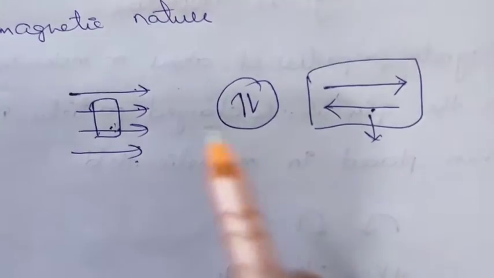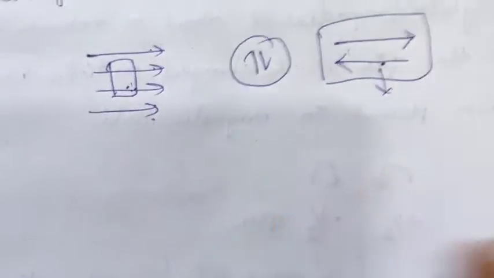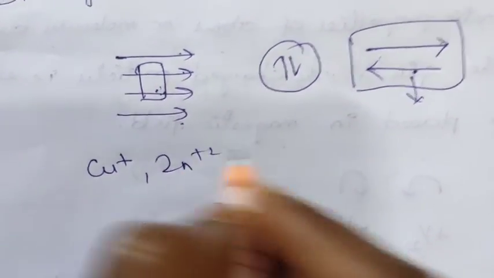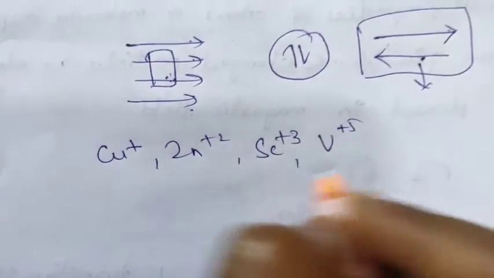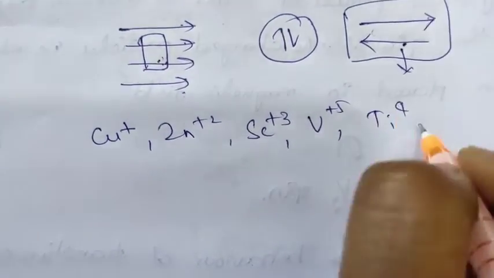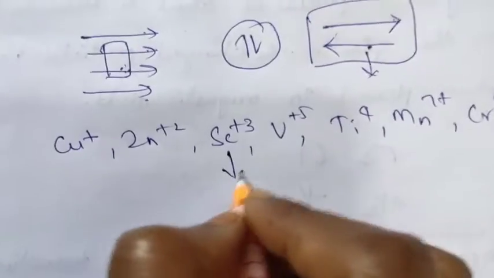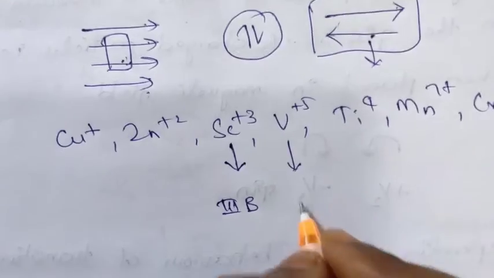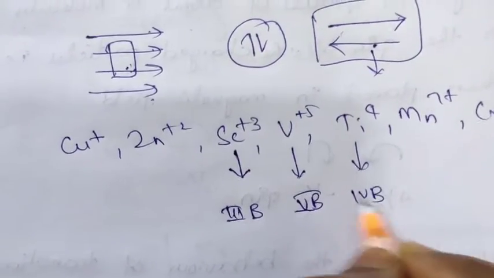And the metal ions whose oxidation state is equal to the group number, like copper +1, zinc +2, scandium +3, vanadium +5, titanium +4, manganese +7, chromium +6. Why? Because this is present in the 3B group, this in the 5B group, this in the 4B group.